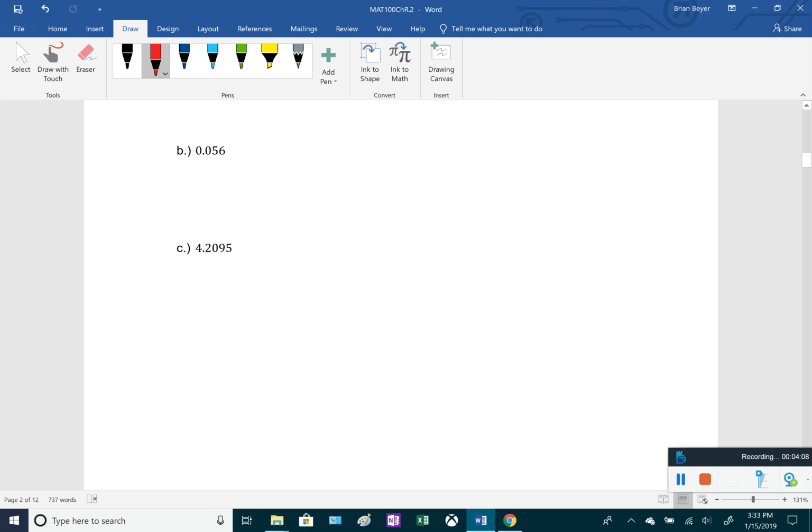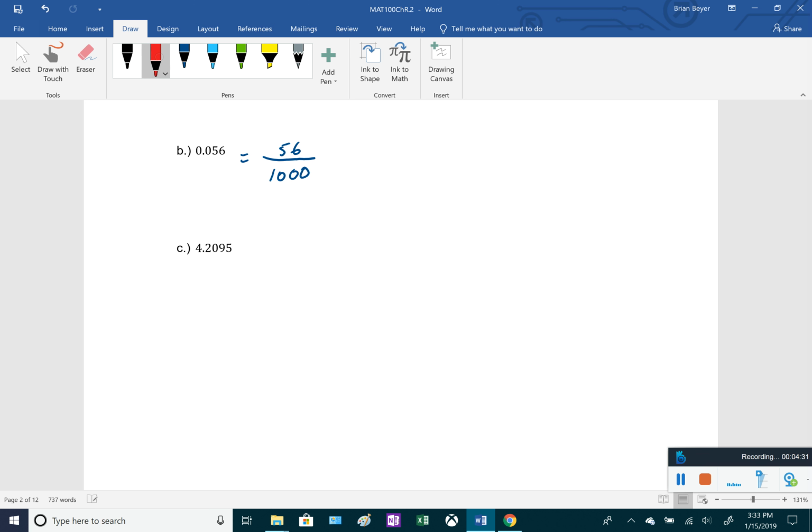We have 0.056. If we read this out using the place values, this would be 56 thousandths. So we write it just like we said it. That's 56 over 1,000 for 56 thousandths.